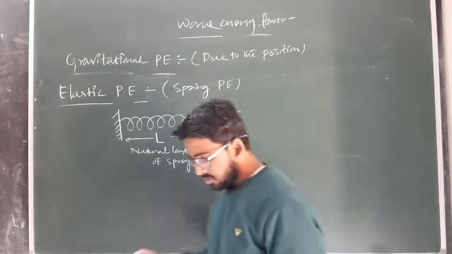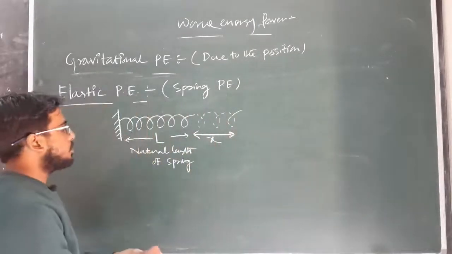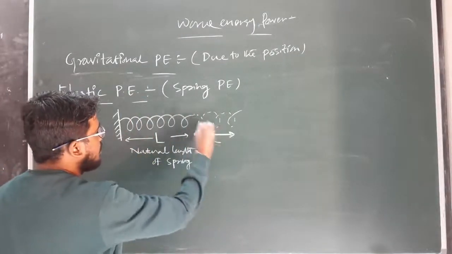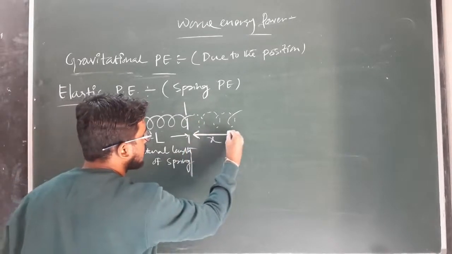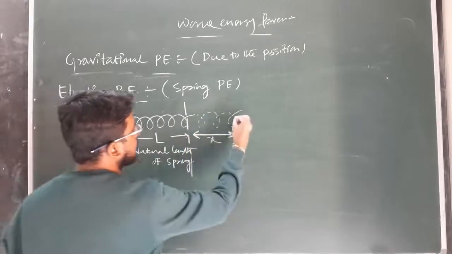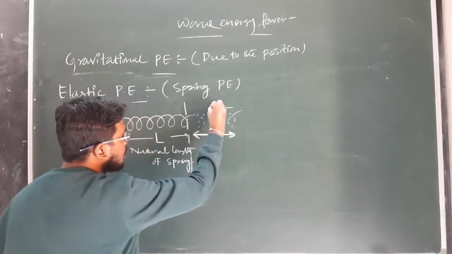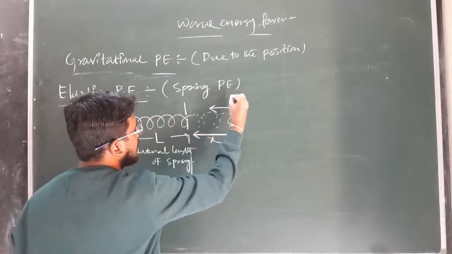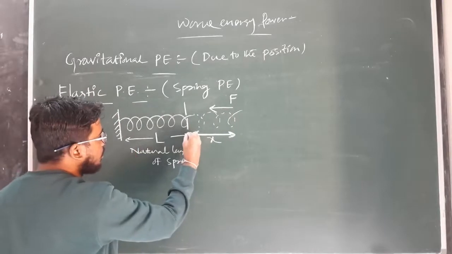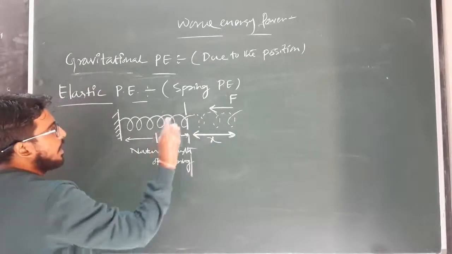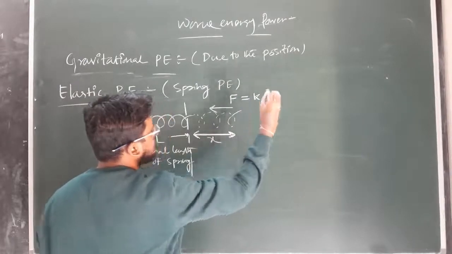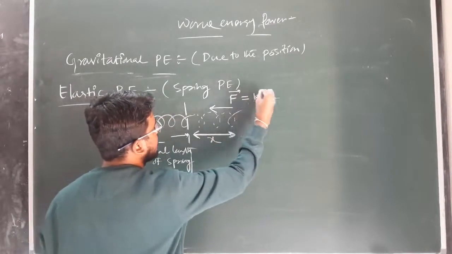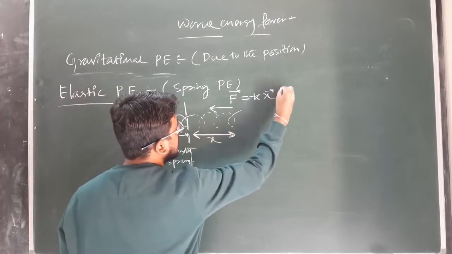And that force is known as spring force or restoring force. For example, if this is the natural length of the spring and I am extending the spring up to a certain amount x, so at this position a restoring force F is acting towards the initial position or natural length, and this force is equal to kx, or in vector form we can write F equal to minus kx, clear?